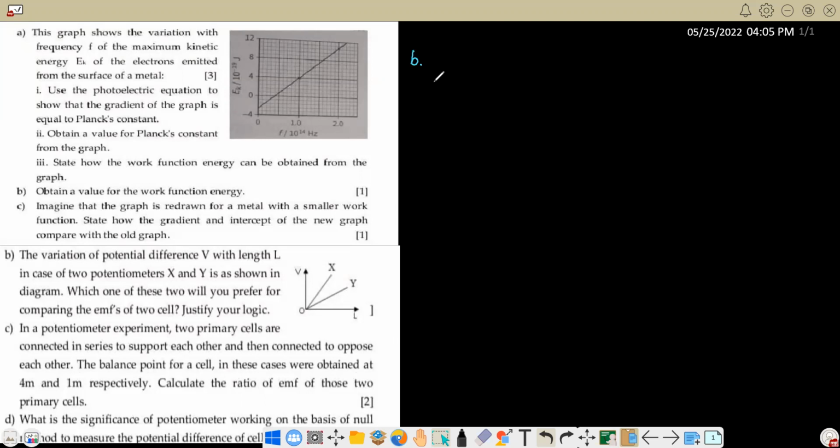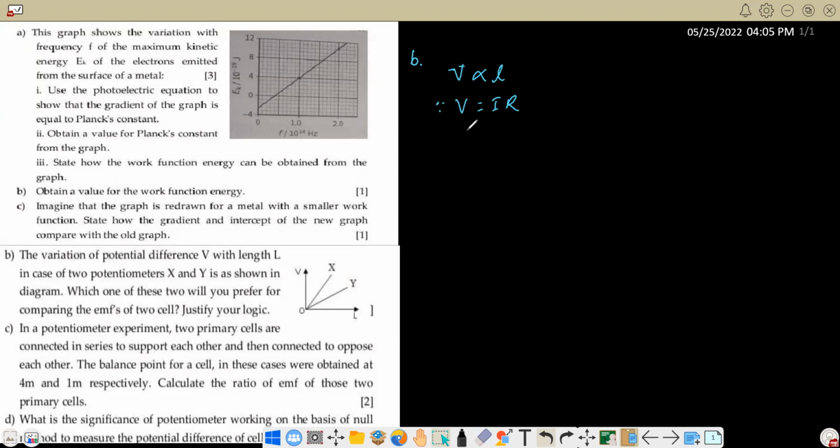So first of all, for that one, let us remember the working principle of potentiometer. Potentiometer ko simple principle ho V is proportional to L. यो कहाँबाट आउँछ त भन्ने कुरा हामीलाई थाहा छ V equals to IR.